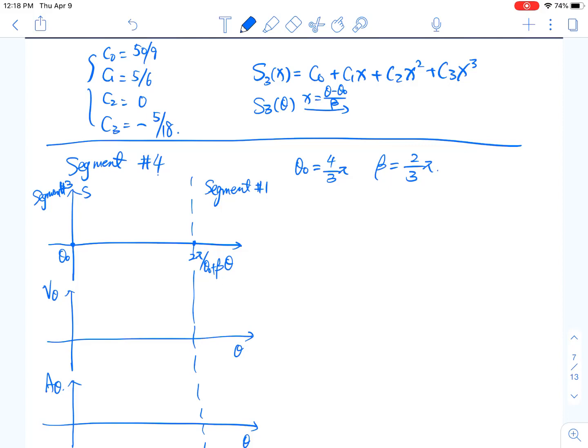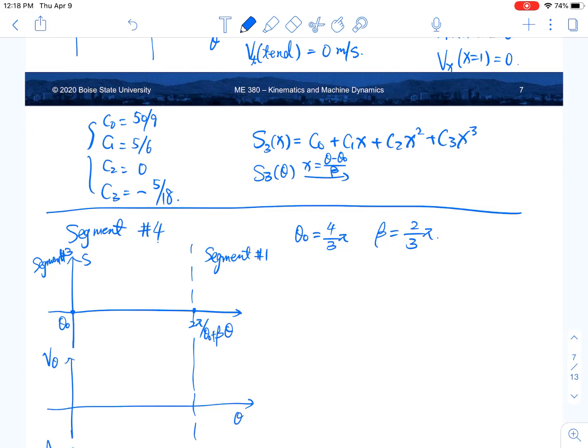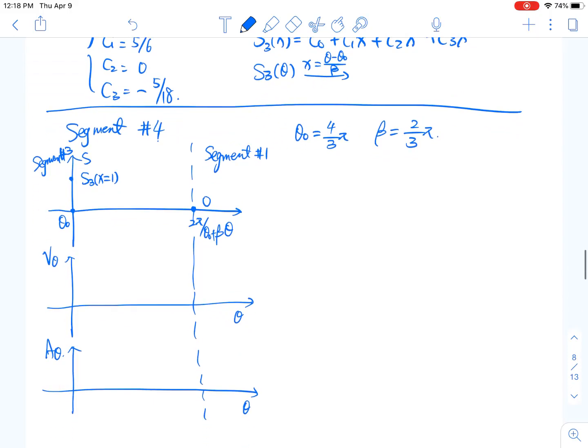So that's why you're able to get all the boundary conditions from segment 3 and segment 1. So let's look at that. Again, on the east side, you can directly plug in your x. So this value is S3 at x equal to 1, and the ending value here, that should be 0, because that's the boundary condition we have over there.